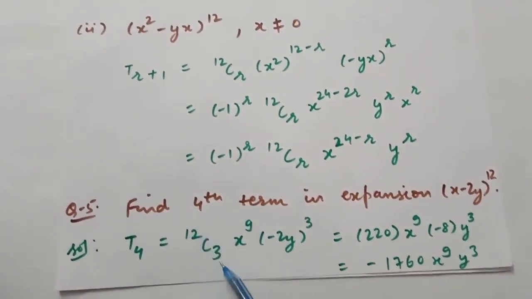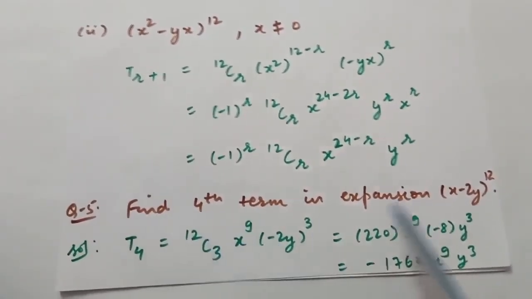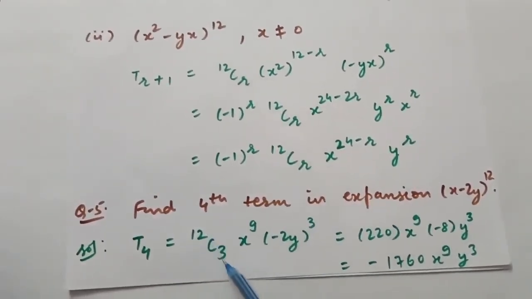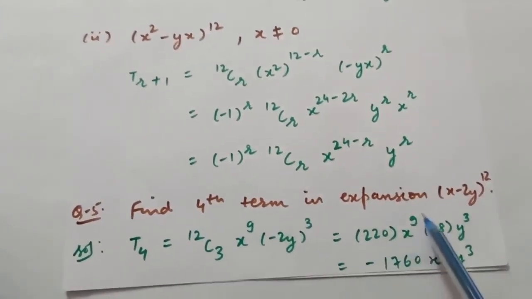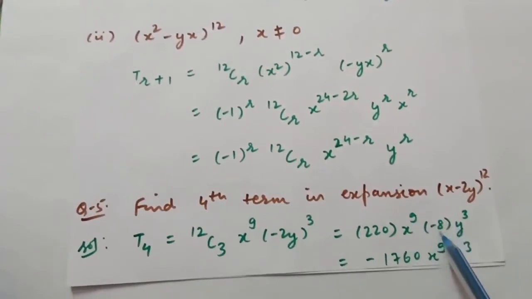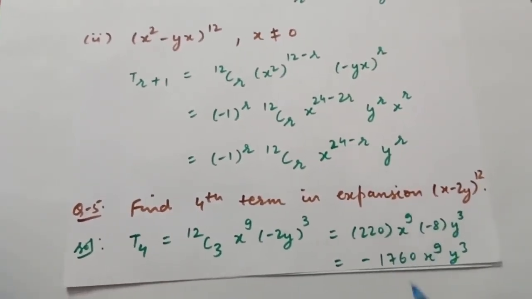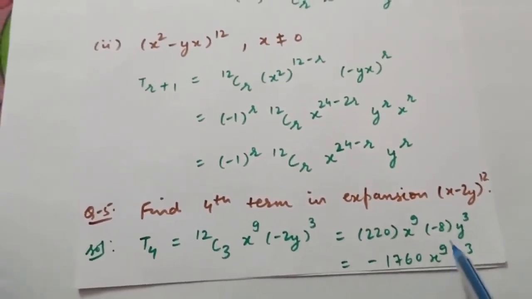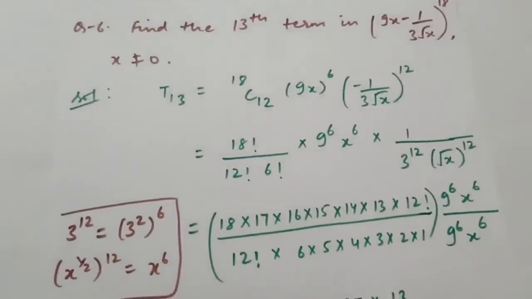So 12c3 x raised to the power 12 minus 3, which is 9, and minus 2y raised to the power 3. 12c3 when you calculate it, you will get 220 into x raised to the power 9 into minus 8y cube. And when you solve it, you will get the answer minus 1760 x raised to the power 9 into y cube. Clear?